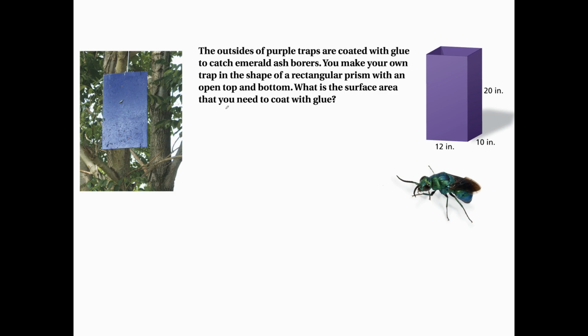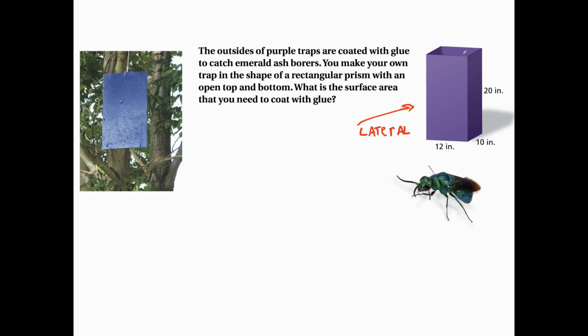All right, so last problem. So there are these purple traps and the outsides are coated with glue to catch these emerald ash borers. So you want to make your own and you need to coat the outside with glue. So here's what it looks like, and you need to find the lateral surface area, right?